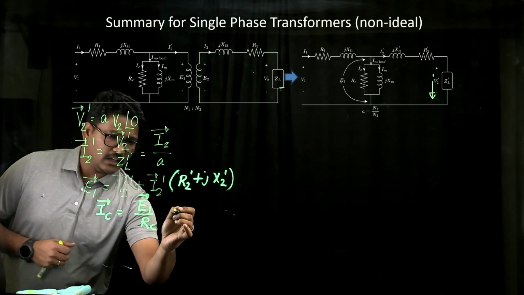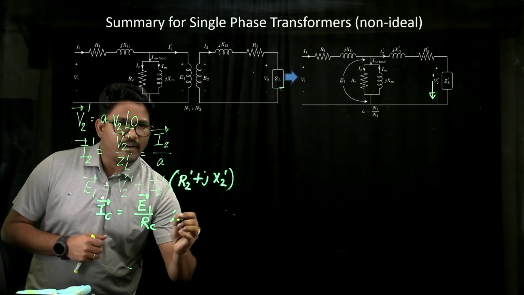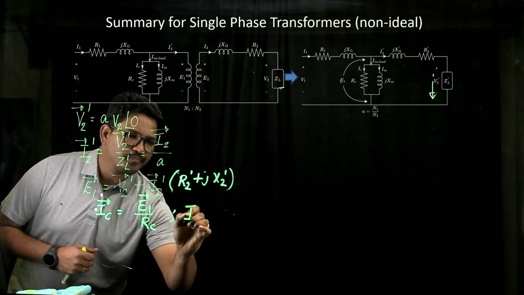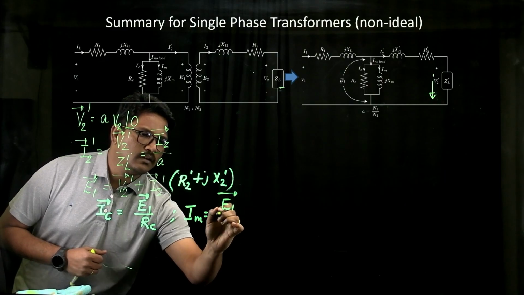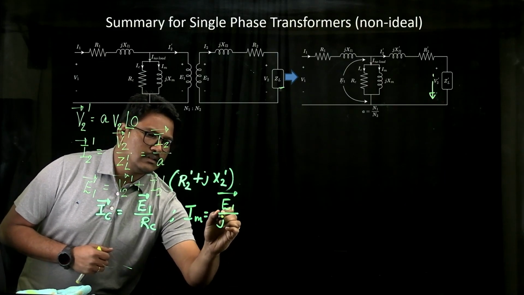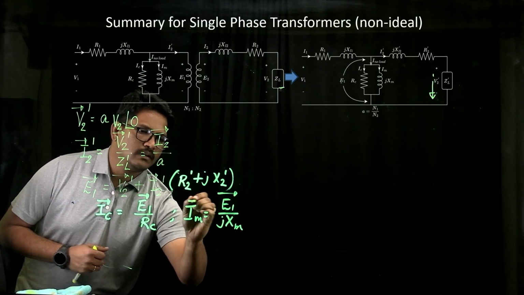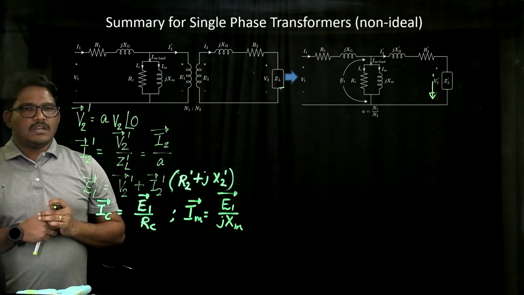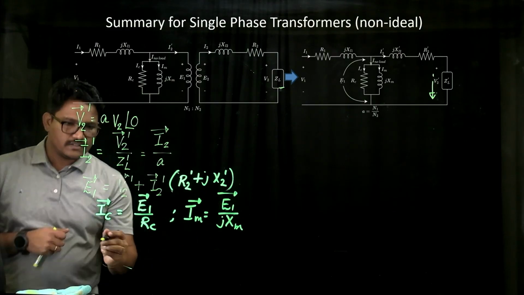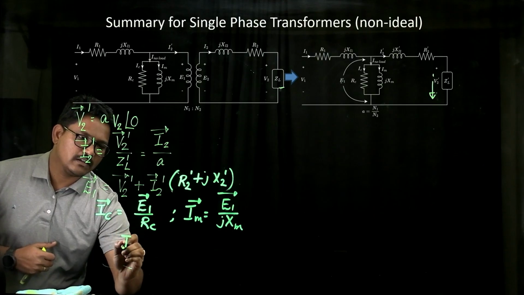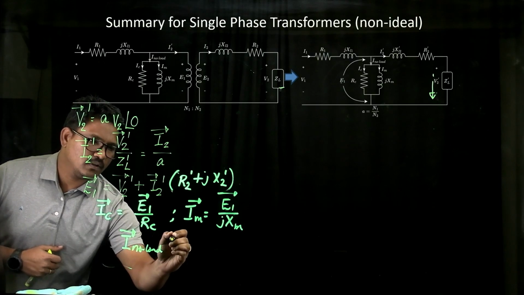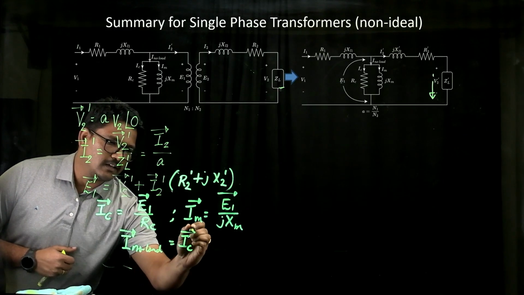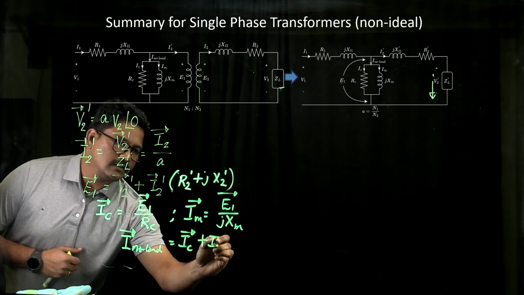Similarly, if you want to know the value of IM, which is E1 upon jXM, it's also a vector. Now if you add these two currents, that is when you will get the current that corresponds to no load, which is IC plus IM.